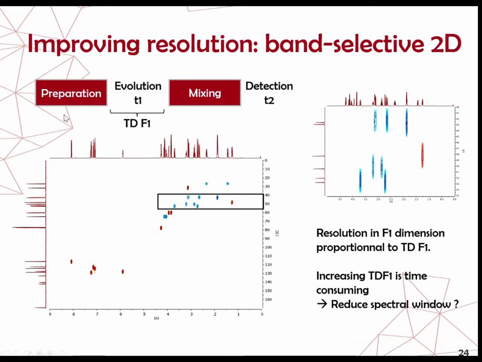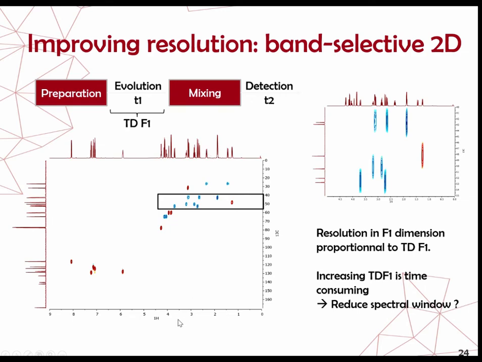A two-dimensional experiment is composed of several parts. The preparation part, then we let the signal evolve during an evolution period, then a mixing scheme, and detection.